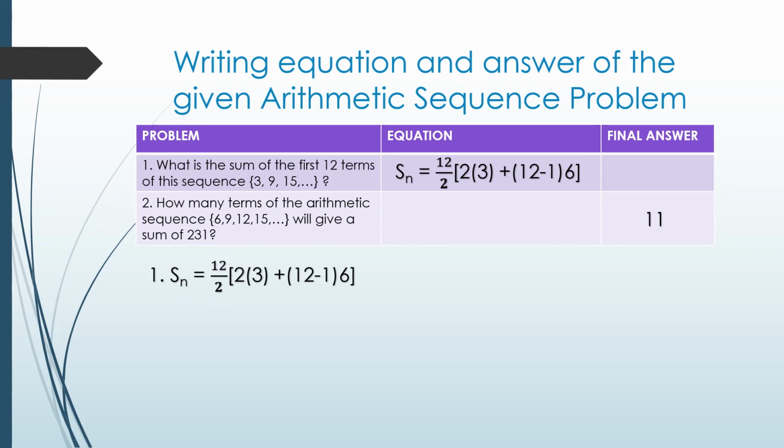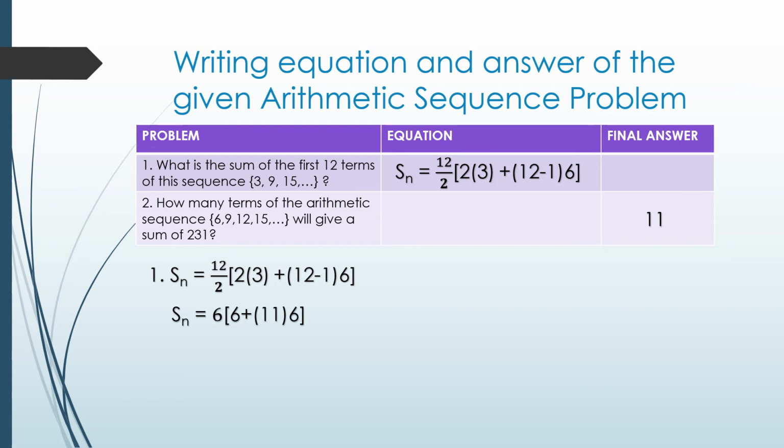So 12 divided by 2 is 6. The 2 times 3 is equal to 6, while 12 minus 1 is equal to 11. Next, we will multiply 11 by 6.